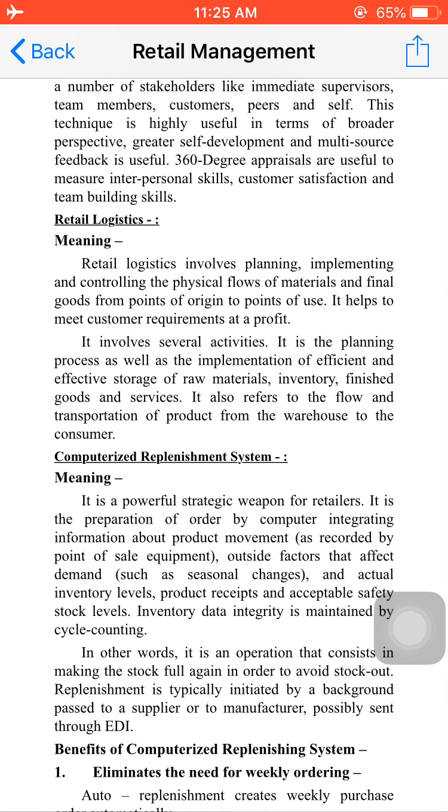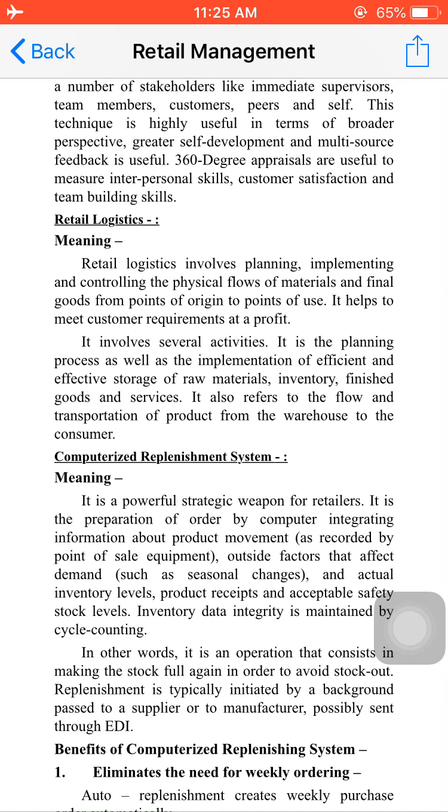So, based on the plans, we implement the techniques or tricks. After implementing this, we need power. That power we call control or monitoring or supervising. We need to control the flow of materials from the point of origin to the point of consumption.